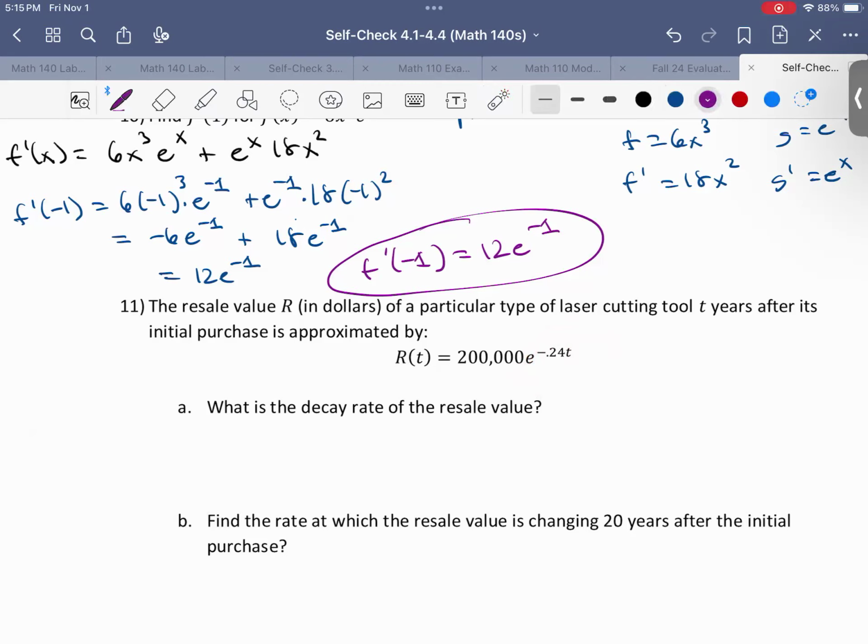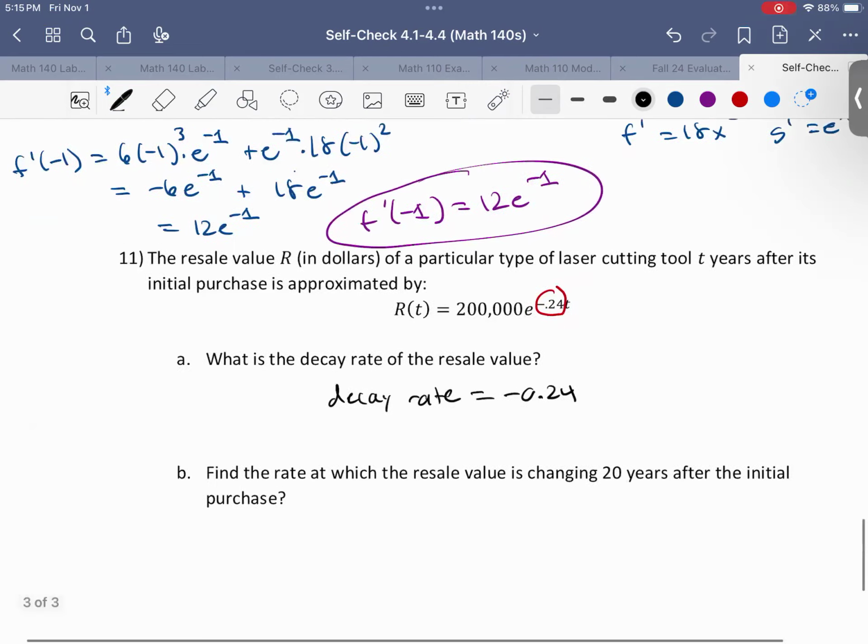So a rate in this type of exponential function is going to be this right here. That's our rate. So our decay rate is just -0.24. And it's decaying because it's negative. If it was positive, then it would be an increasing rate, but it's decaying.